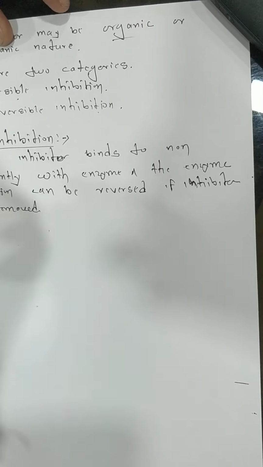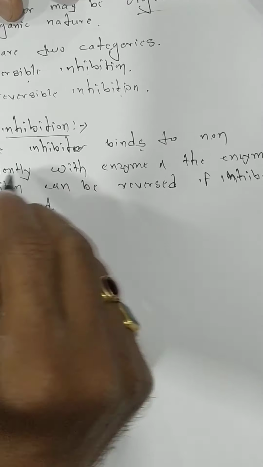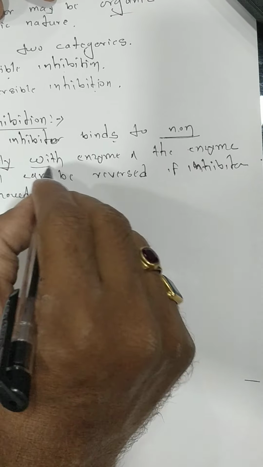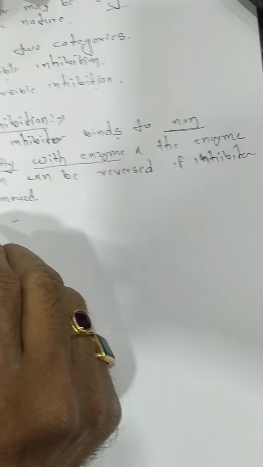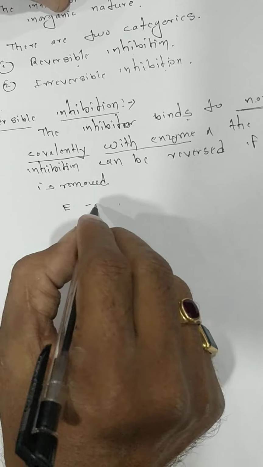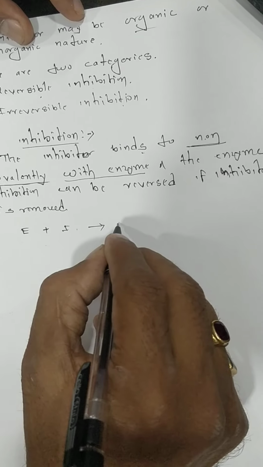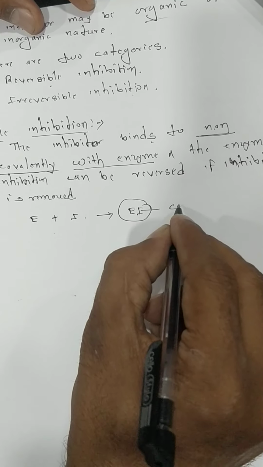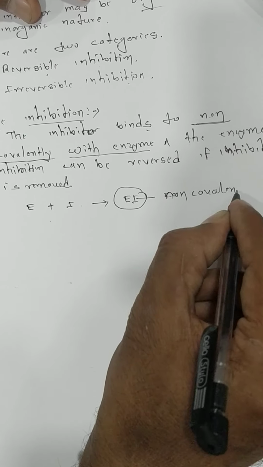There are two types of enzyme inhibition. Reversible inhibitors bind, and this is most important, non-covalently with the enzyme. The inhibitor binds to the enzyme, and this binding is a non-covalent bond.